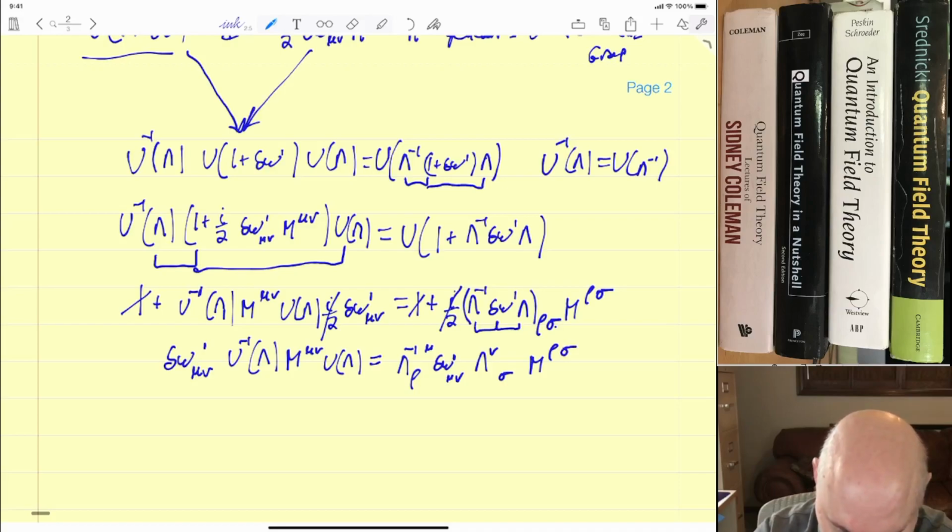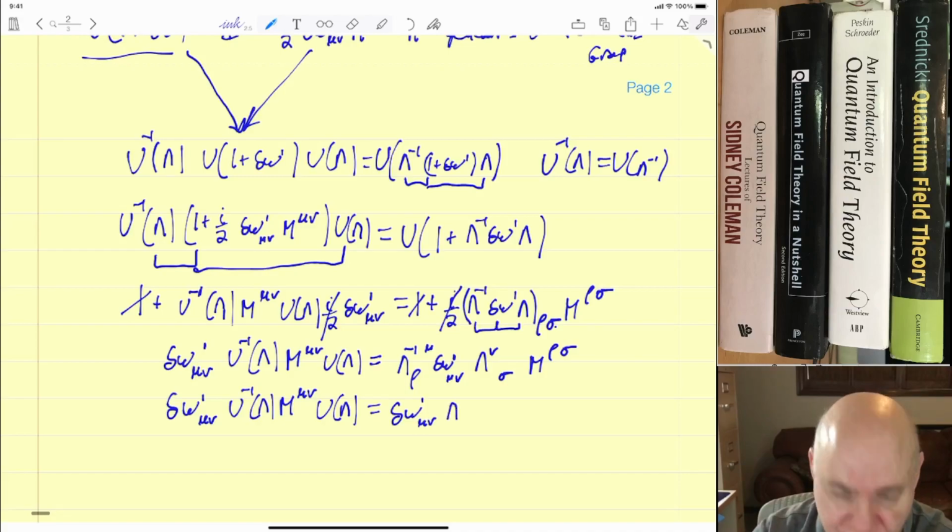Okay. So now I have del omega prime mu nu U inverse lambda M mu nu U of lambda is equal to, now I can take the parameter out. That's why I needed to expand that. And if you notice, I chose indices so that the parameters on each side of the equation had the same indices. You'll learn these tricks beforehand as you do this more and more.